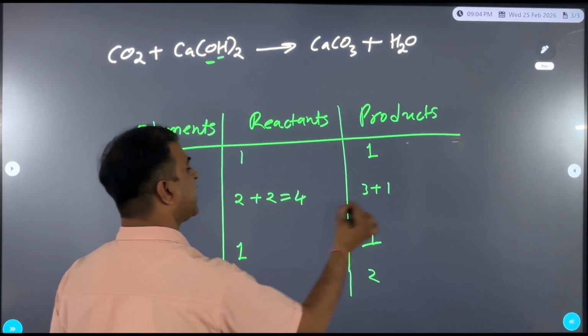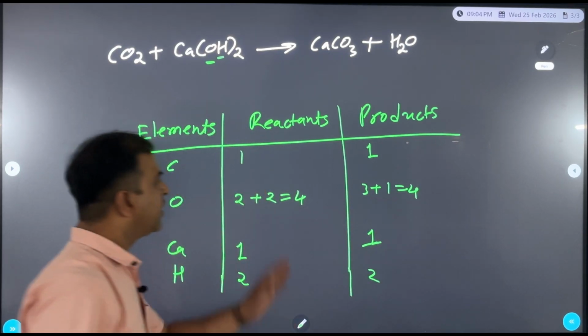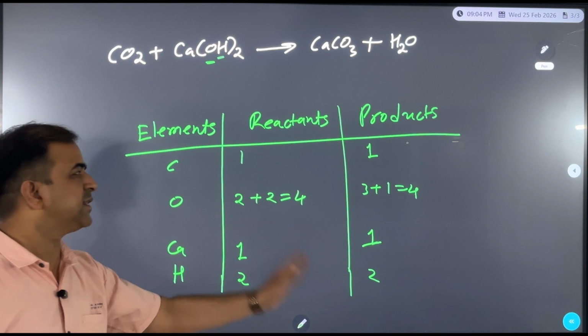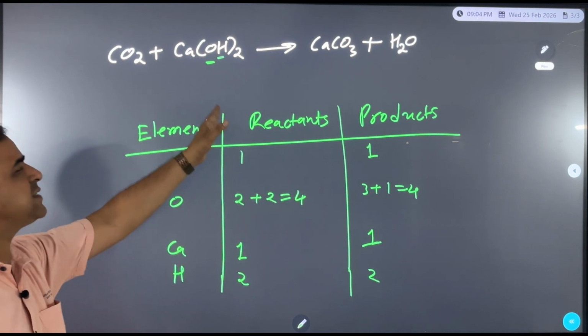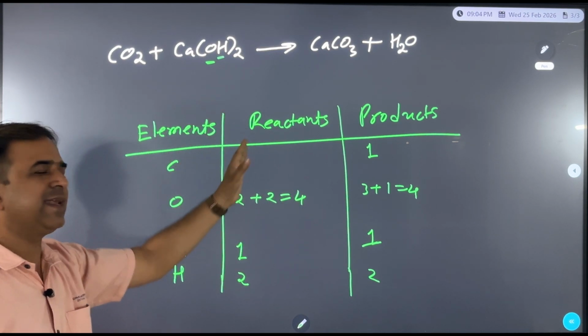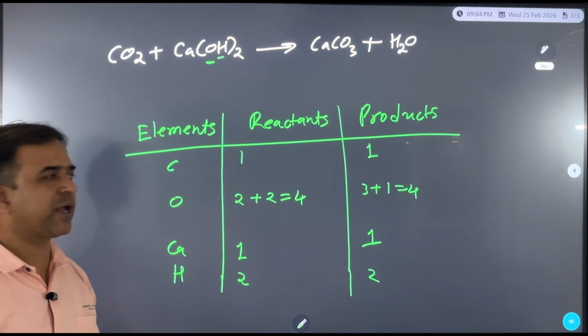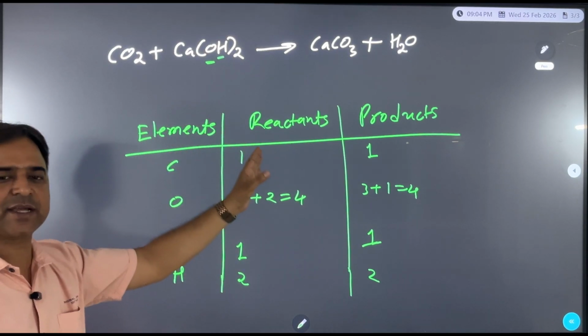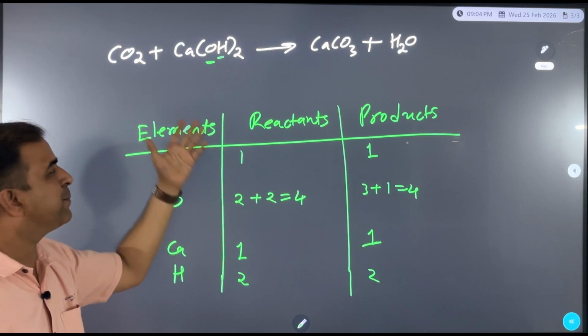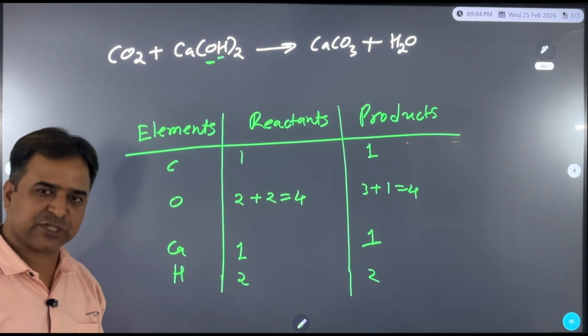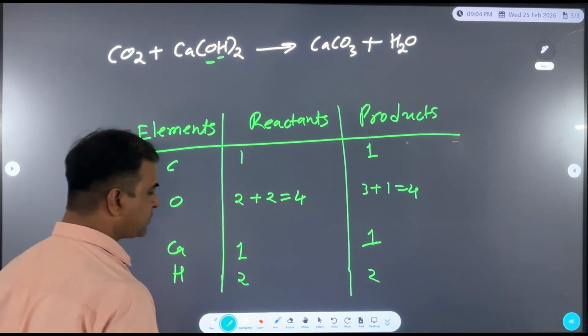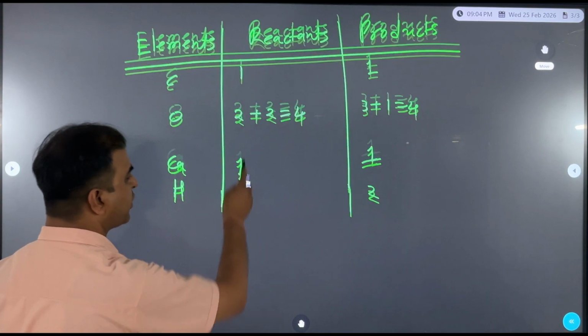So if you simplify all these things, you see that the reactant side and product side are all equal. So this equation is already balanced. Such types of chemical reactions are showing a balanced chemical equation. We can take one more example.